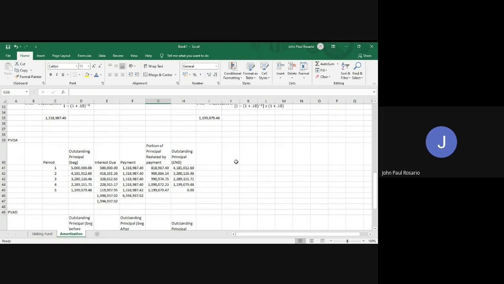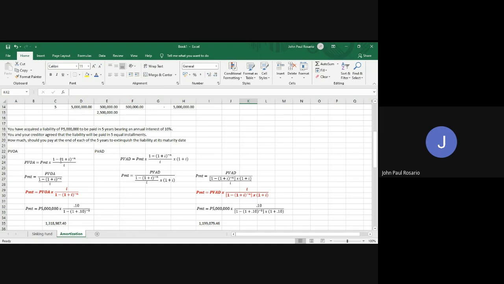Okay, so if the question is how much is the balance of your liability, for example, at year three, we will be using this formula.